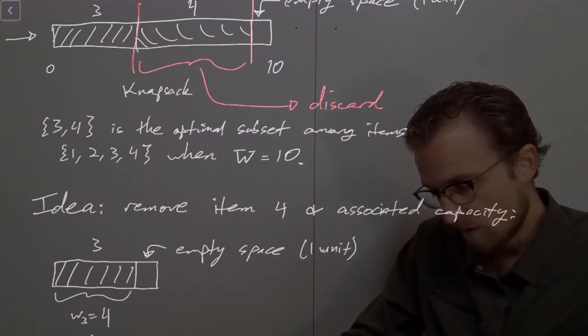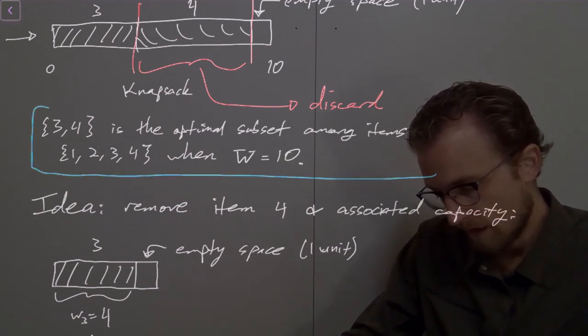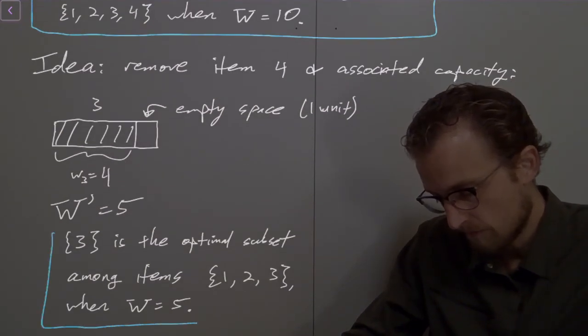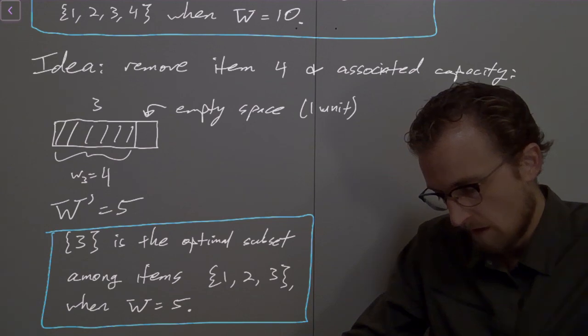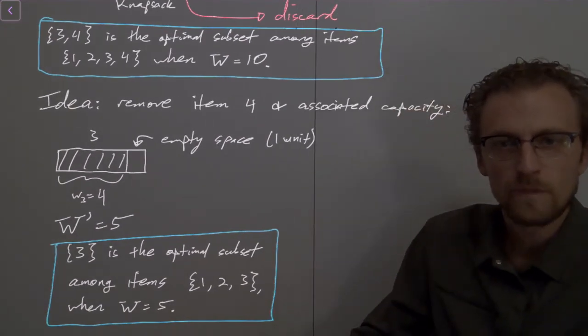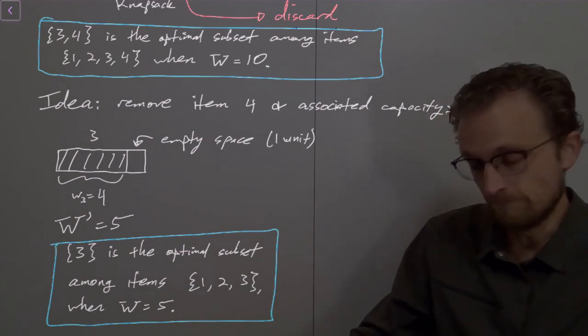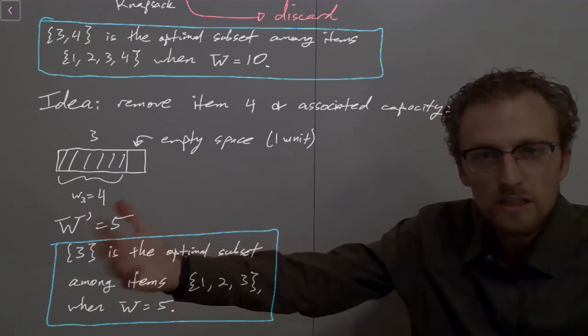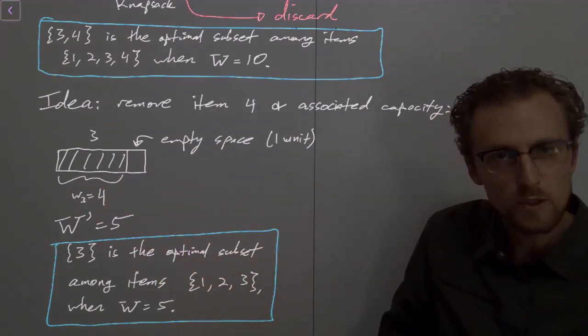Okay, so let's chew on what's happening with these, and we can get them into one picture. What I did was I said, let's start with an optimal subset. Look at the top of the screen. Let's describe an optimal subset for the original problem.